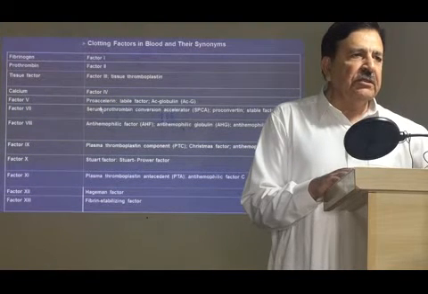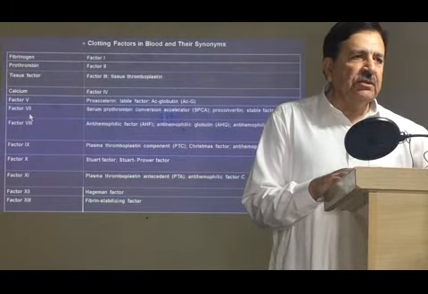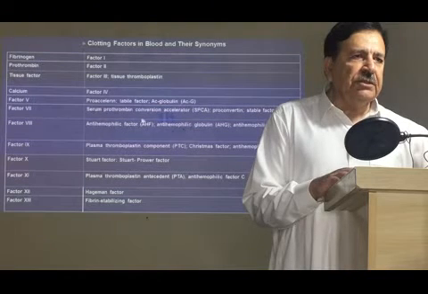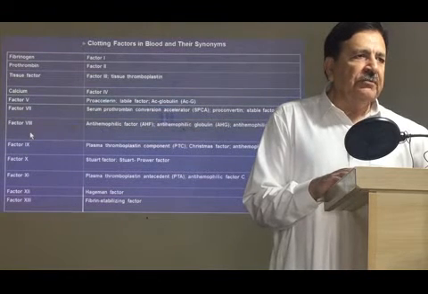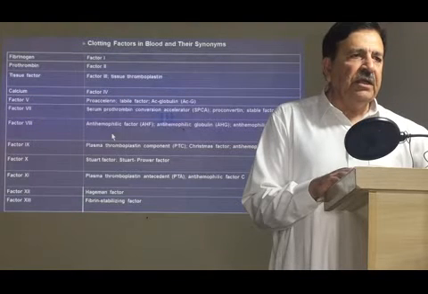Factor 5 is proaccelerin, factor 7 is serum prothrombin conversion accelerator, as 6 does not exist, and factor 8 is antihemophilic factor.